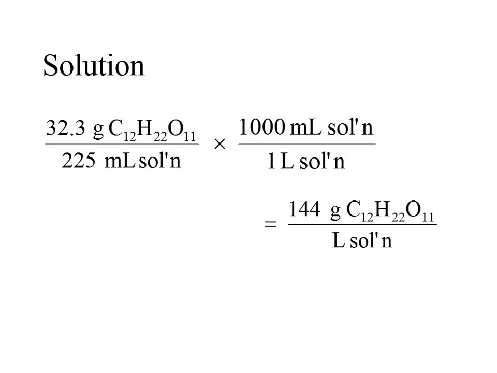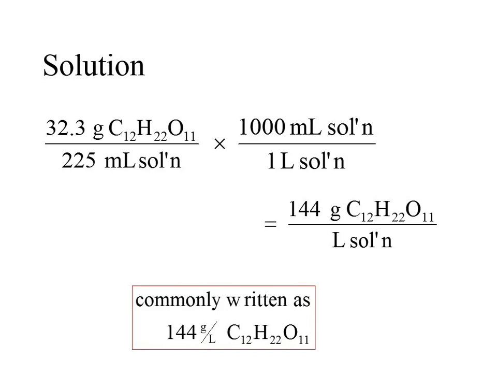The packed up way, the way you usually see it, is simply 144 g/L, grams per liter. That's grams of solute per liter of solution. And then go ahead and say what the solute is. So 144 grams per liter of sucrose, C12H22O11. Not too bad.